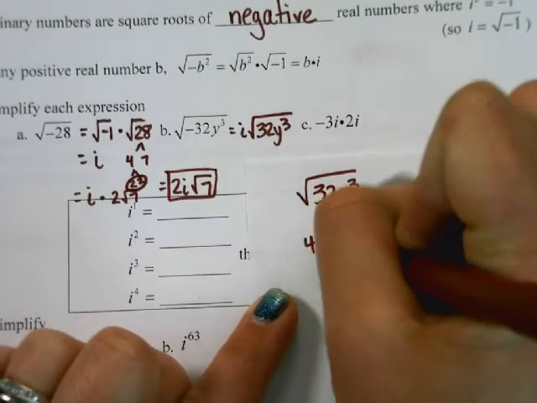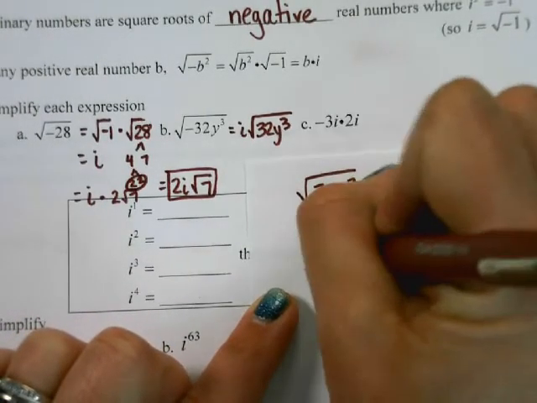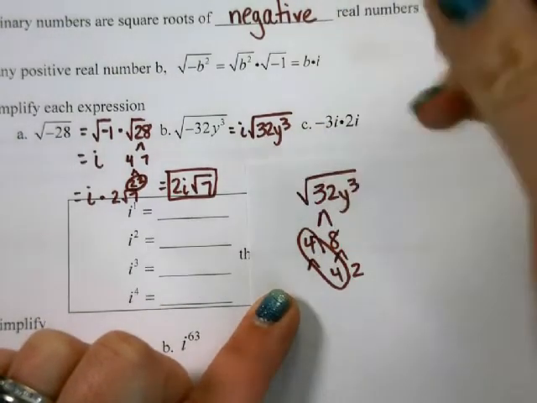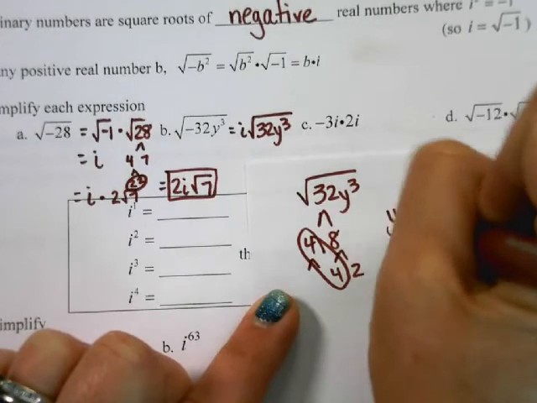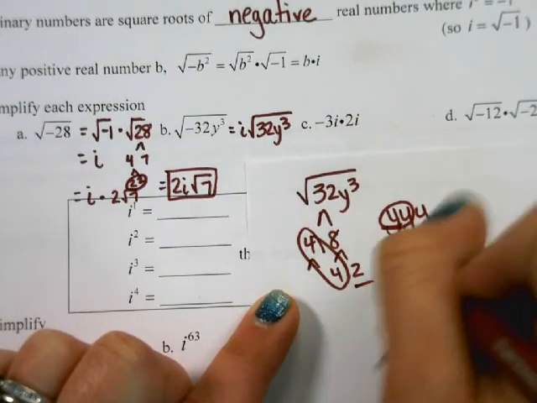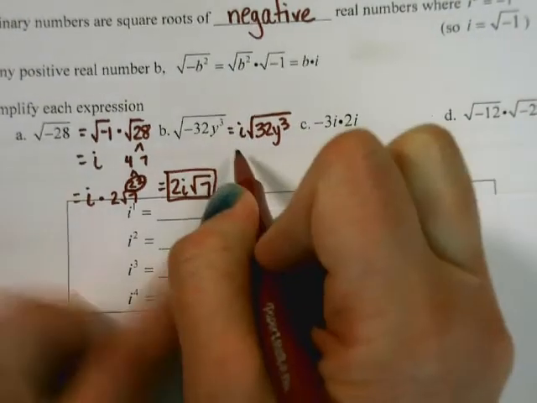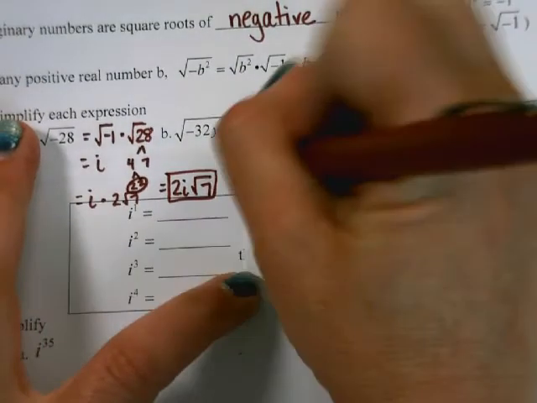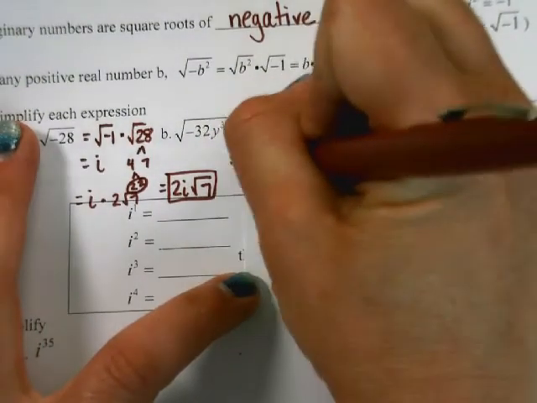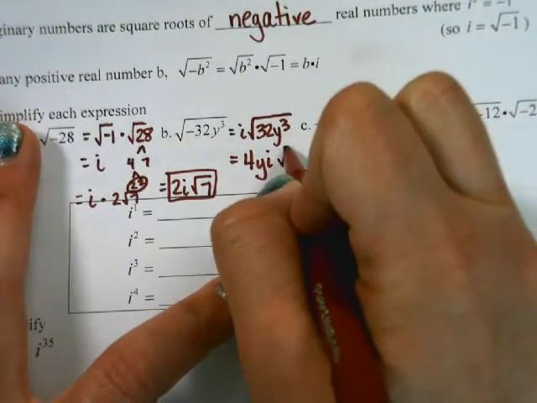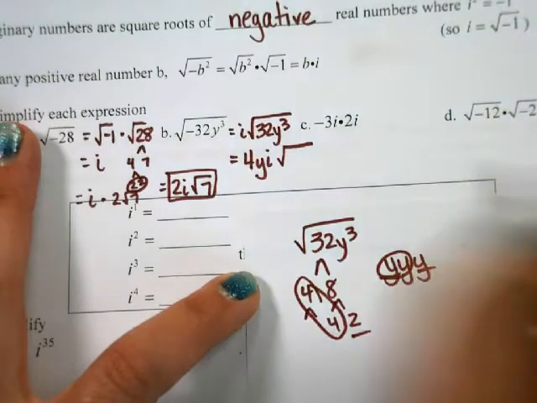Let's do 4 and 8, and 4 and 2. We got another 4 to come out. y squared will come out. Okay, so what gets to come out? A 4 and a y. So I have 4yi. Who's left? 2y. Perfect.